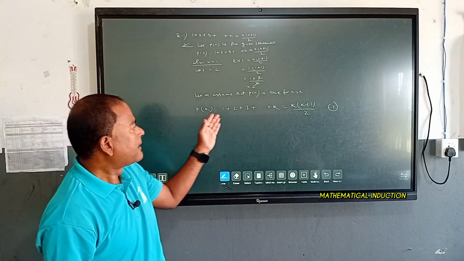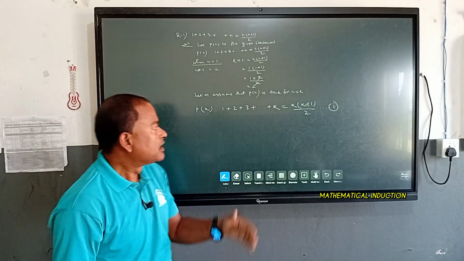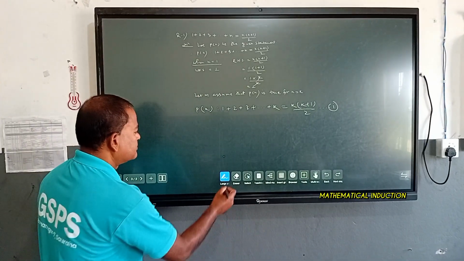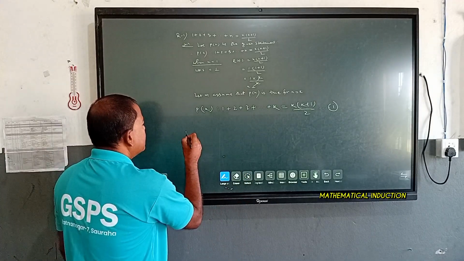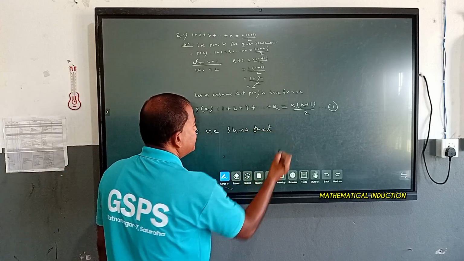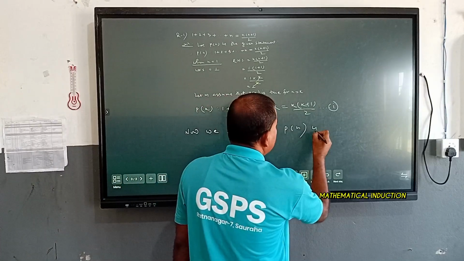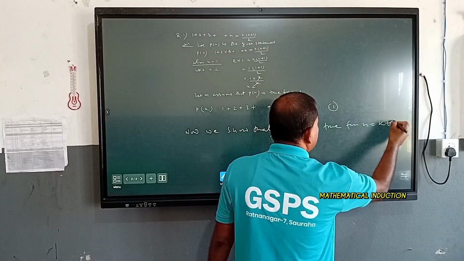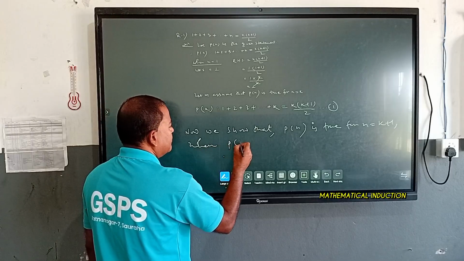Dear students, now after assuming that the given statement is true for n equals k, we show that the given statement, that means Pn, is true for n equals k plus 1 when Pk is true.